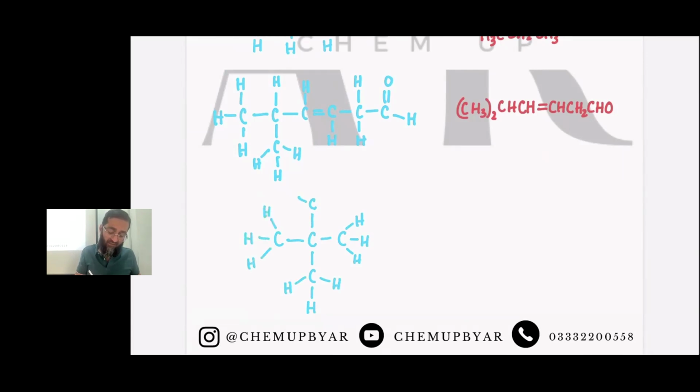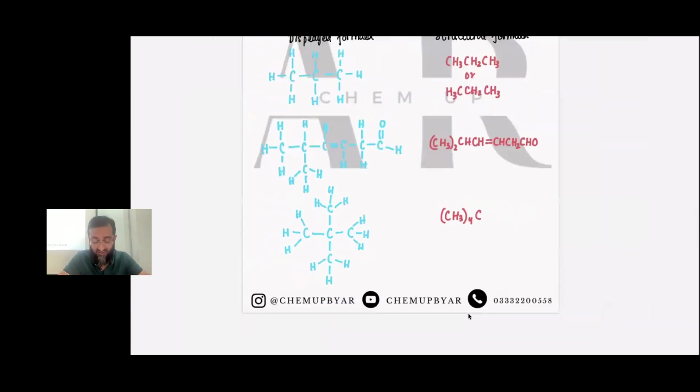Yes, how can I write its structural formula? Yes, Mariam. Yes, CH3, 4C. Right? Because there is 1 carbon in the middle in which 4 carbons are bonded. I hope it's understandable to all of you.